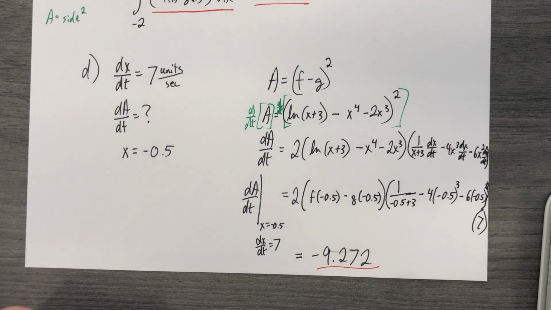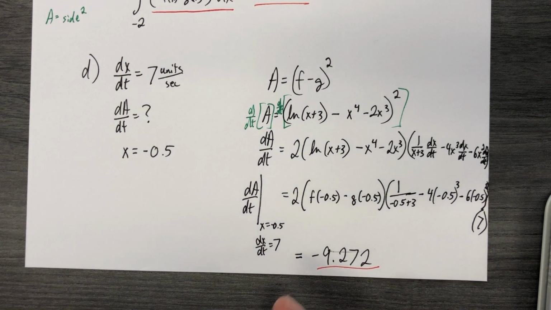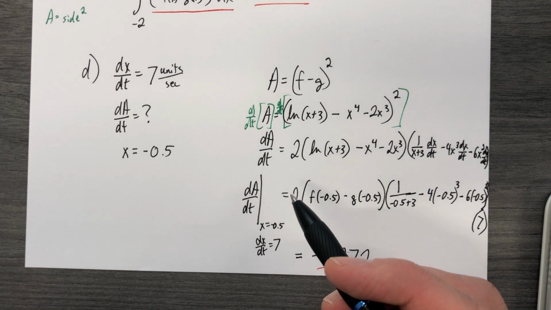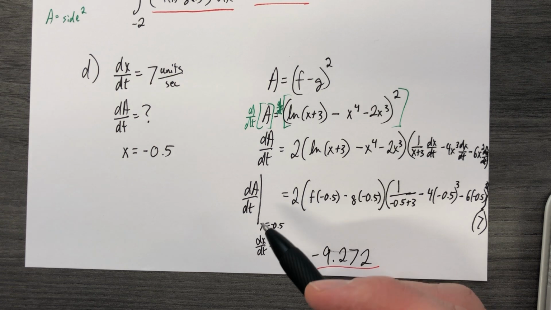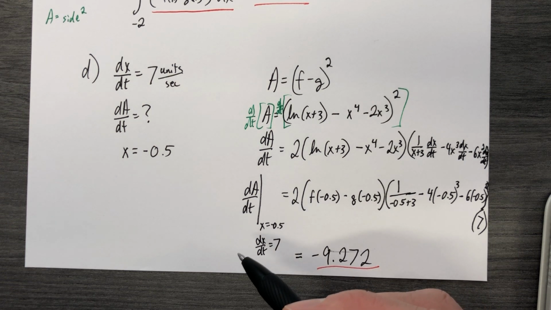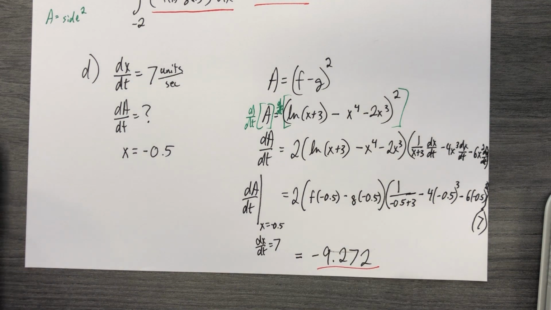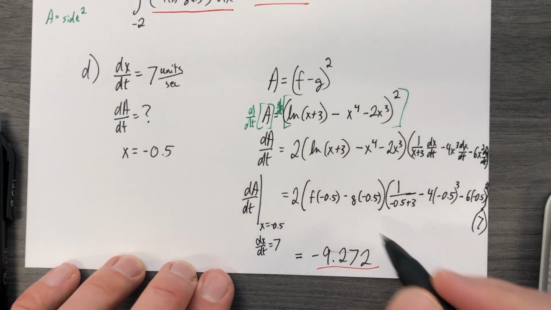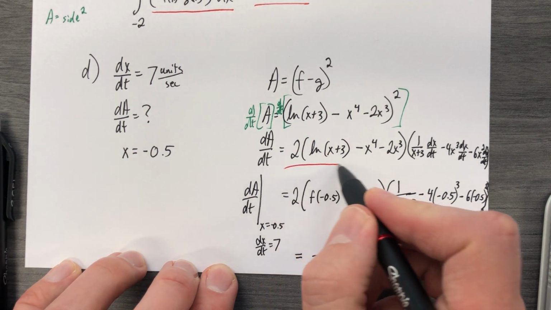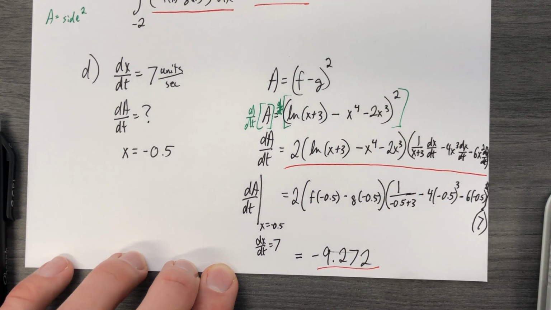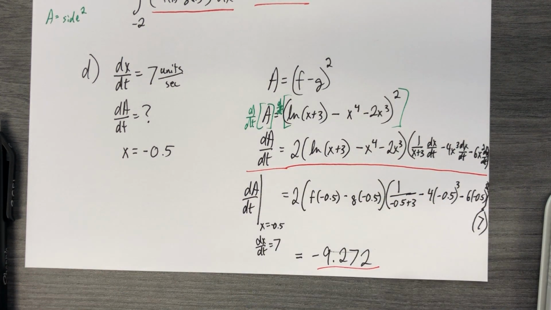What they put in, you can see it in the scoring guidelines, was they took the derivative of A of x, which was dA/dx times dx/dt, and they represented it very differently. As I looked through the scoring guidelines, I realized that this is a valid answer, and it should be, because it's correct. There we go. We've earned our points.